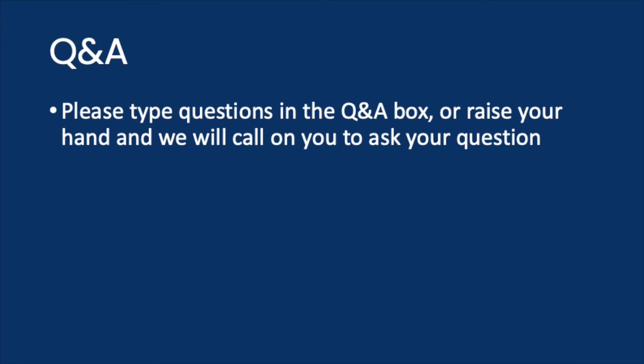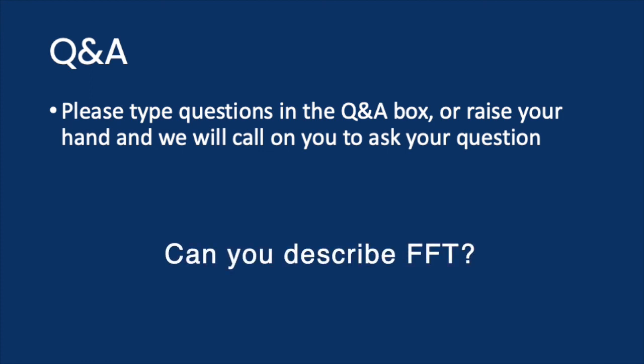We have another question here from Richard. He's asking if you can briefly describe FFT. Yeah, so FFT stands for fast Fourier transform, and it's a mathematical way of breaking down the frequencies within a signal.